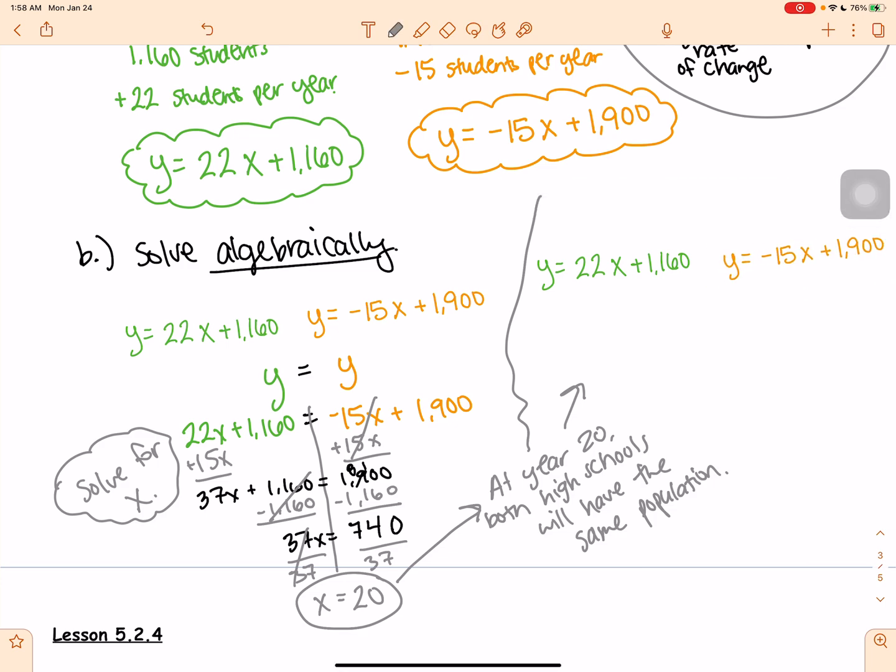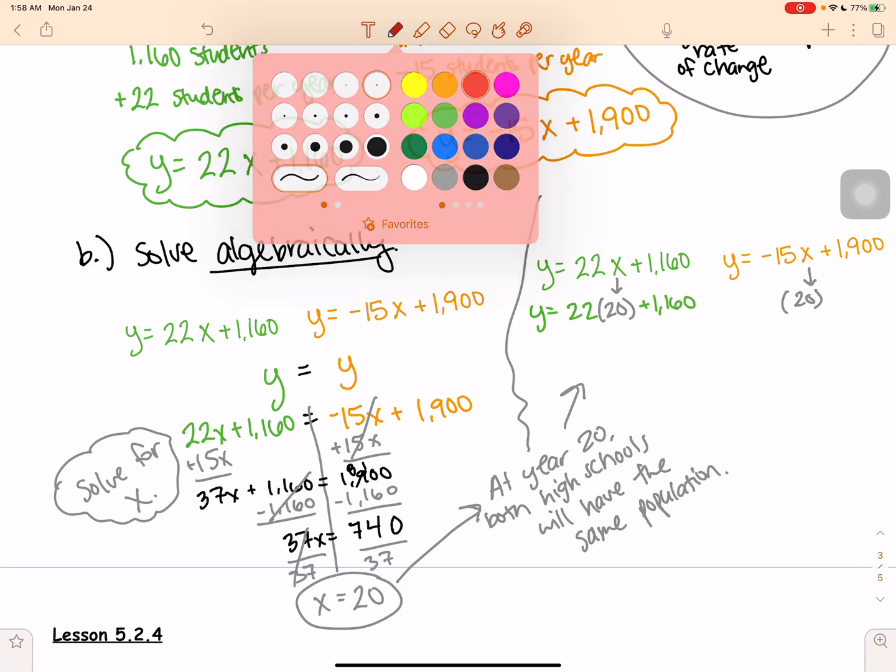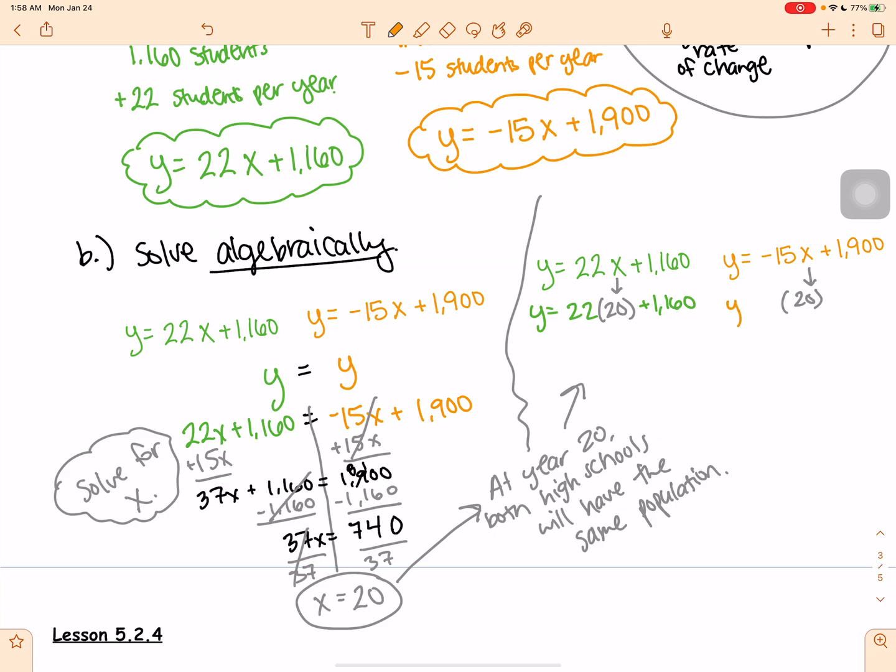Okay, so if you plug in x equals 20 for each of these, you can now solve for how many students would be at the high schools.